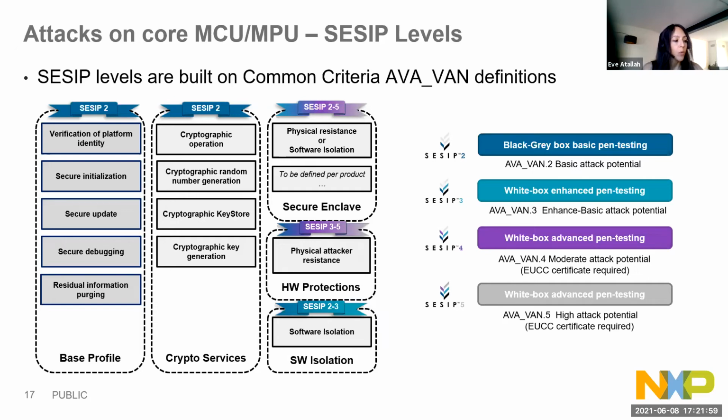But what can be said is that in the MCU MPU profile, different security levels are possible, depending on the security features that have been claimed. If you remember, the use cases define the security features to be claimed, and those security features' implementation defines or at least impacts the resistance level that can be claimed.